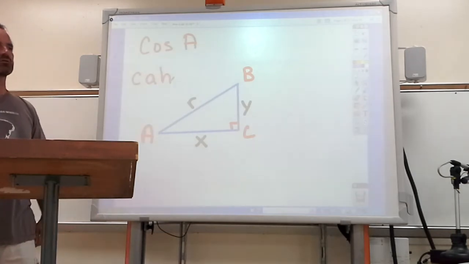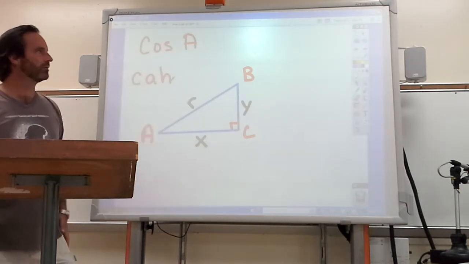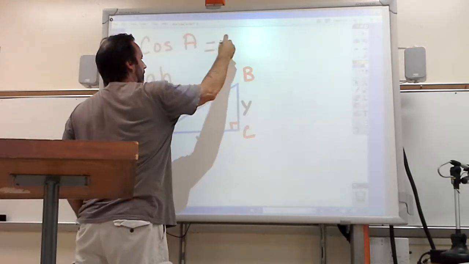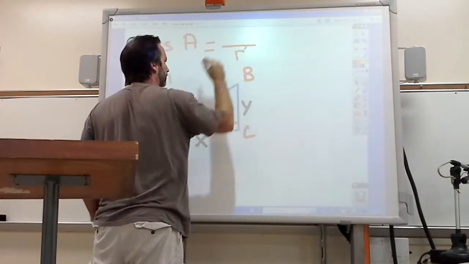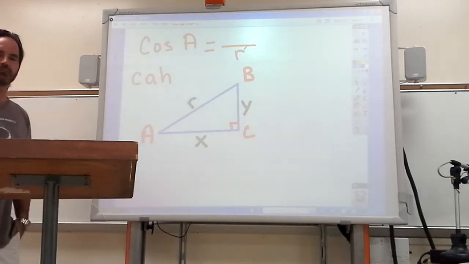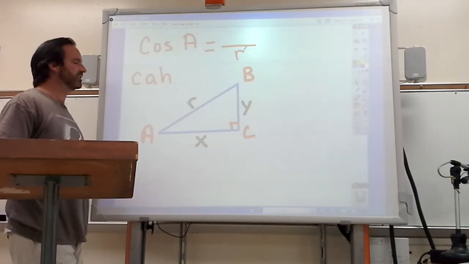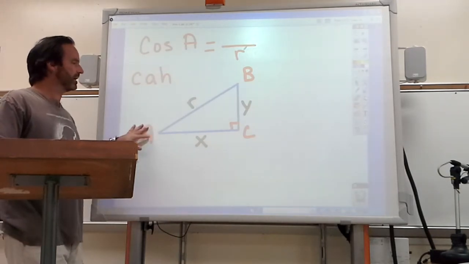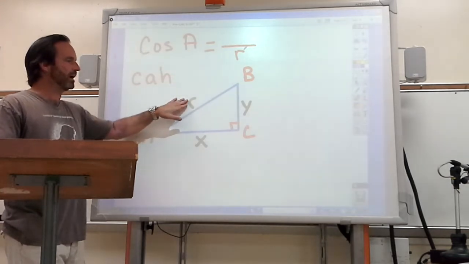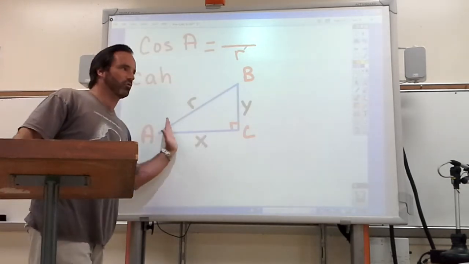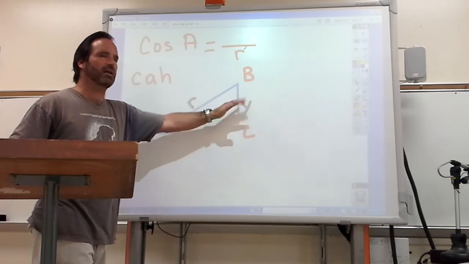What's our hypotenuse? R. So that's on the bottom. Okay? What's our adjacent side? Okay, here we're talking about angle A. Here's our hypotenuse. Is this thing way across here opposite A, is that adjacent?